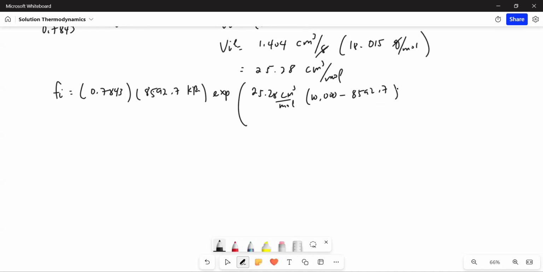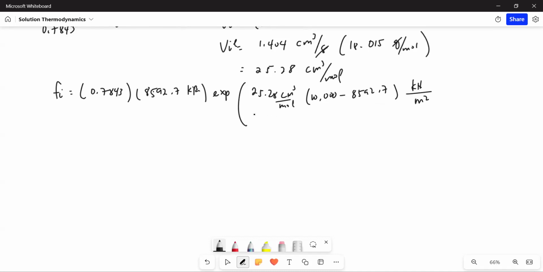At this point, we need to transform kilopascal into its basic unit, kilonewton force over area, so kilonewton per meter squared, right? Let's first settle everything.